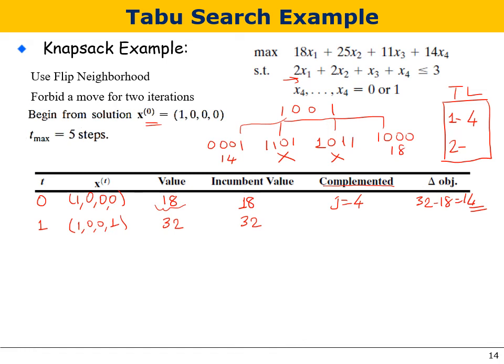Now I need to select one of these, but remember this one is taboo. Okay. So it means that there is only one feasible neighbor, which is this one, and I should select that one, which means that I am complementing the first variable, and the objective function value is 14, which means that from my current solution, which is 32, I am going back to 14, so the change in the objective function value is 14 minus 32, which is minus 18.